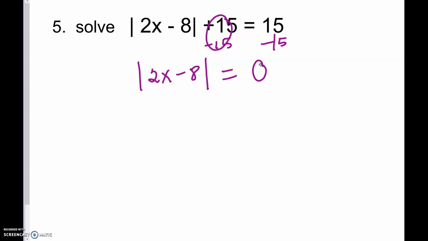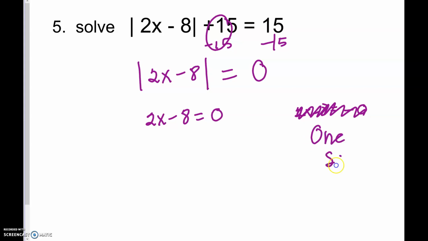So this is the only time that we're only going to have one case, because 2x minus 8 equals 0. In our second case, if we would set this up, we have it equal to negative 0, and we know that 0 can't have a negative sign, so we don't even need to solve this. We're only going to have one solution here.